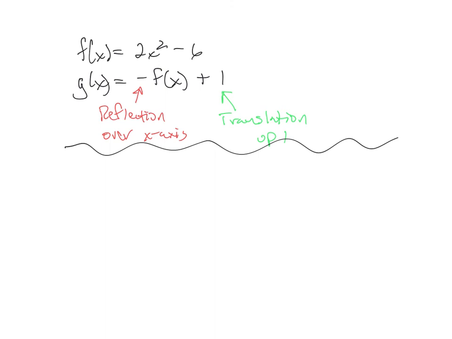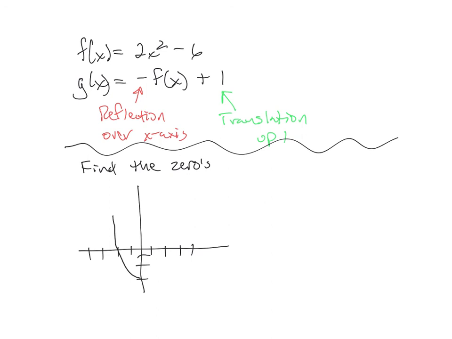Then the last 4 problems, the directions are going to say find the zeros. The zeros of a graph, so if I had some graph like this, the zeros of the graph are where the graph crosses the x-axis.